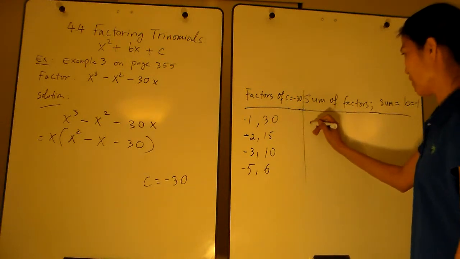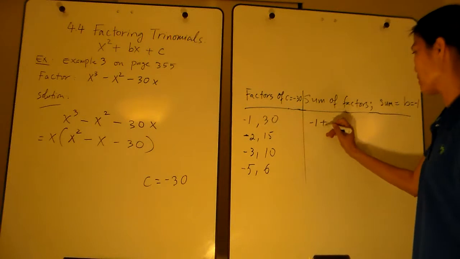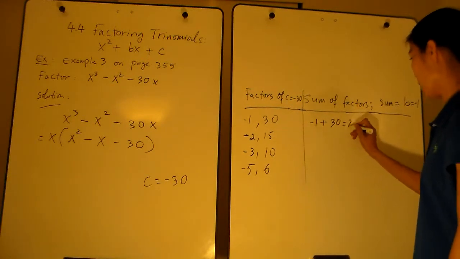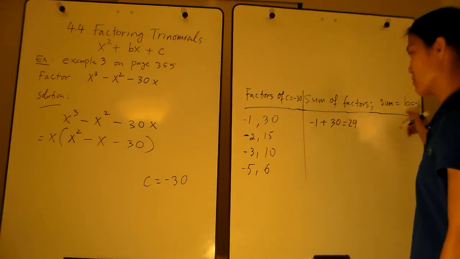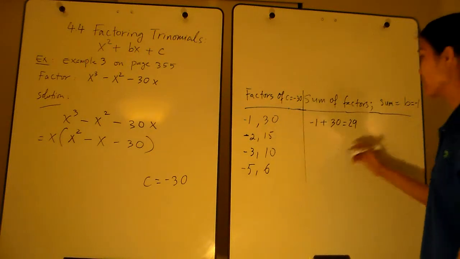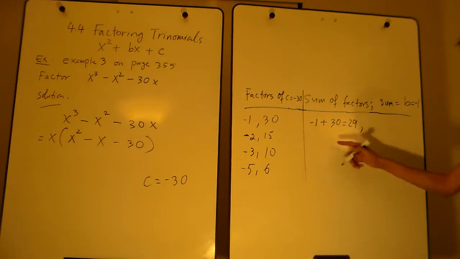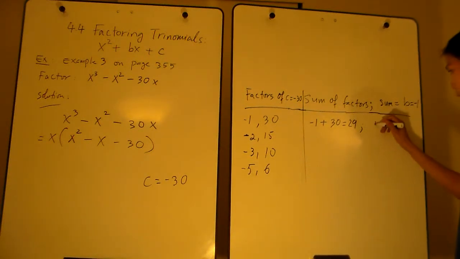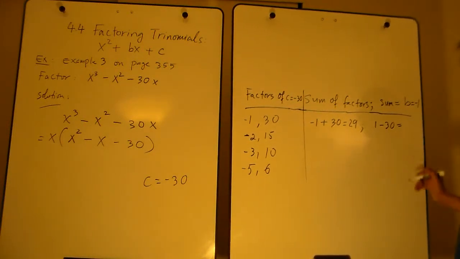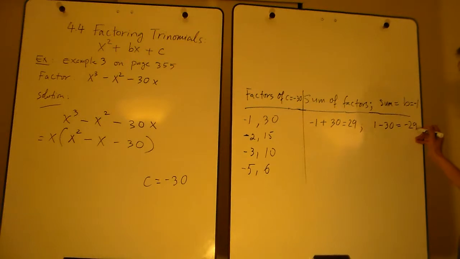If I start with negative 1 plus 30, I get positive 29. I don't get negative 1, so not this. How about the opposite: this time 1 is positive and 30 is negative. What do I get? Negative 29. I still don't get the b value yet.